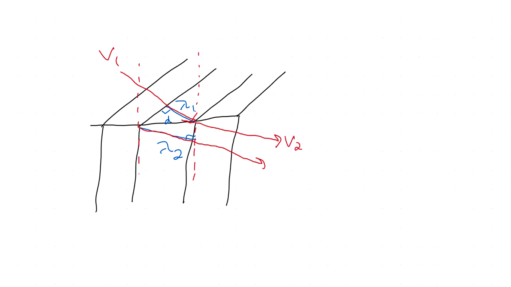Get some orange in here. There we go. And then this is theta 2, right? So we have theta 1 here, theta 2 here, theta 2 here, etc. We have a couple theta 1s and theta 2s, right? So we notice that theta 2 is greater than theta 1, right?